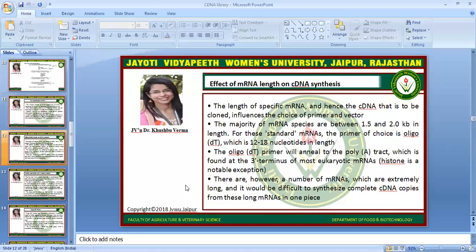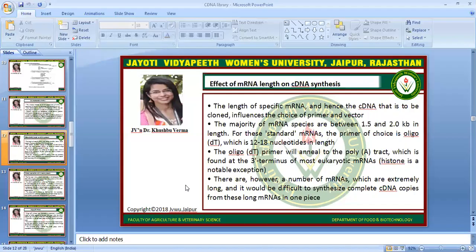Now we will discuss the effect of messenger RNA length on cDNA synthesis. The length of a specific messenger RNA, and hence the cDNA that is to be cloned, influences the choice of primer and vector. The majority of messenger RNA species are between 1.5 to 2 kb in length. For these standard messenger RNA, the primer of choice is oligo-dT, which is 12 to 18 nucleotides in length.